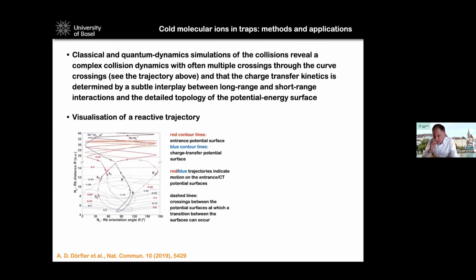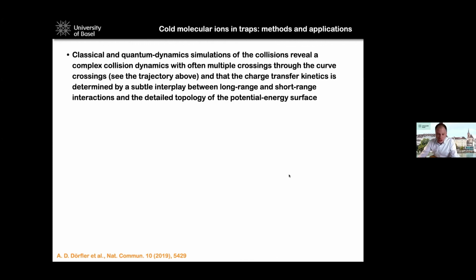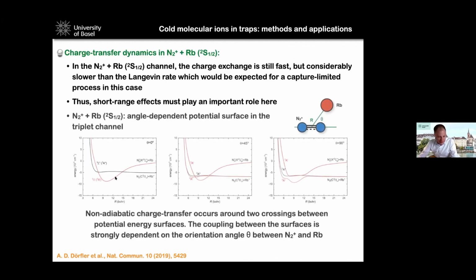So to cut this long story short, what one gets out of this is that the collision dynamics is in fact rather complex. And what goes on here is that if the two collide with one another, they enter on the red curve, right? And then they can be trapped in this potential well for some time. And during the time they are trapped here, they can undergo multiple crossings between the two curves.